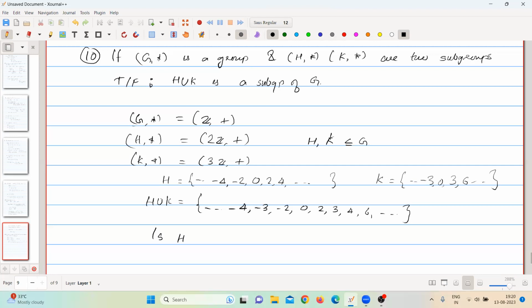Is this H union K a group? The operation should be the addition because we are taking the addition everywhere. So is this a group under addition?